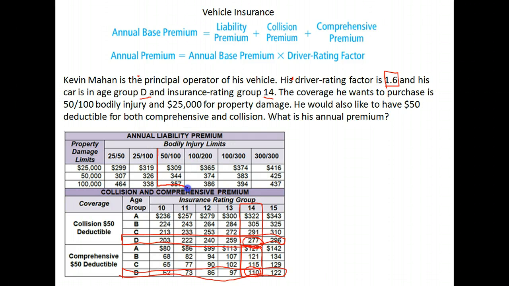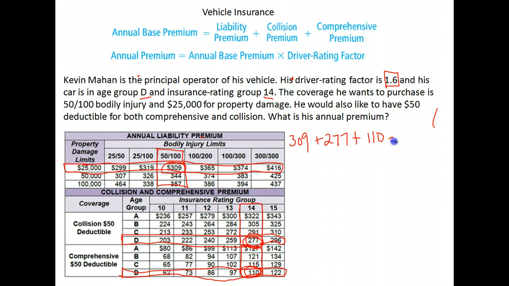Here's the $5,100 group, and he wants $25,000 property damage coverage. We look where those intersect. Using our table, our liability is $309. The collision, using the information they gave us, is $277. And the comprehensive is $110.